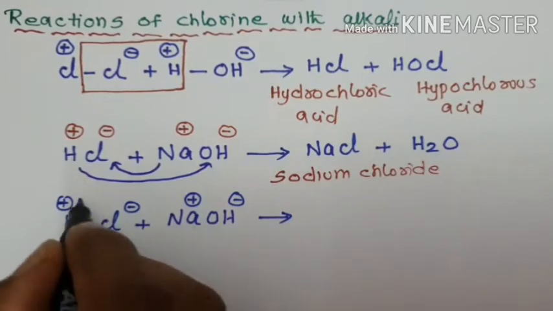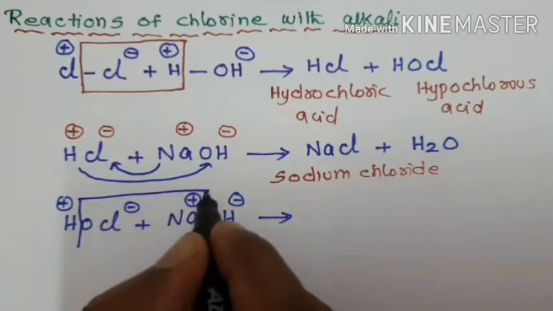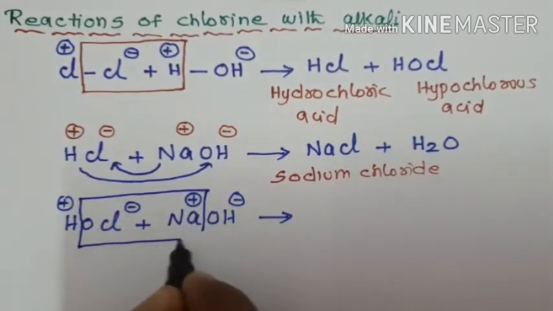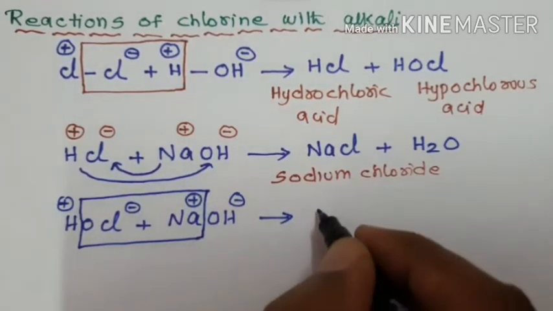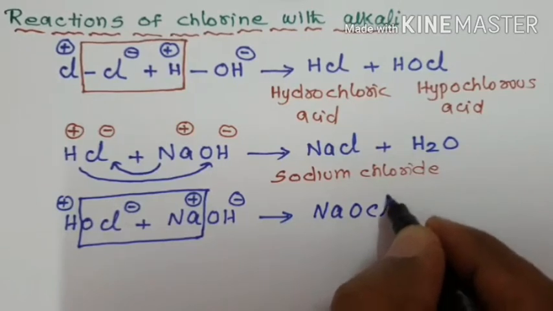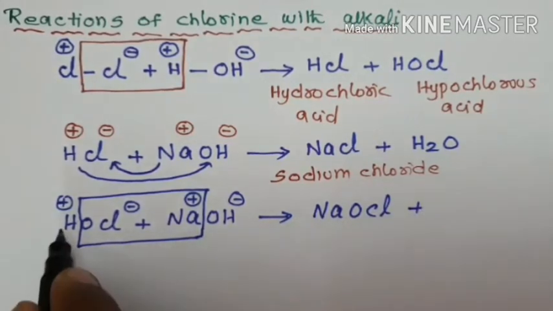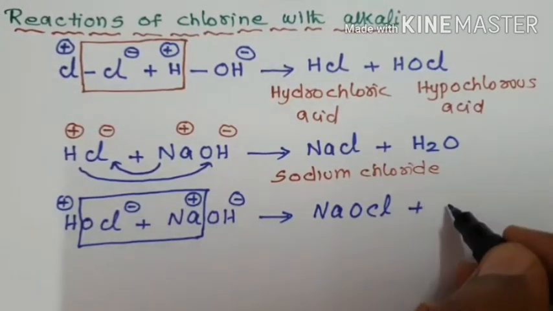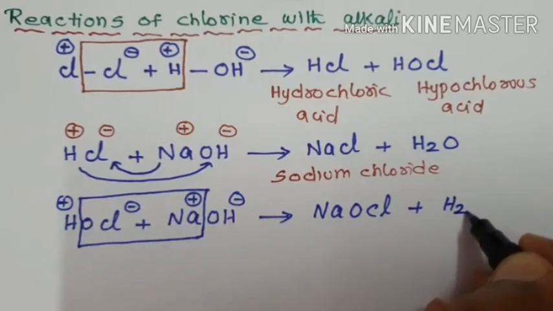So, Na plus and OCl minus form NaOCl. As usual, H plus combines with OH minus to form H2O, water molecule.